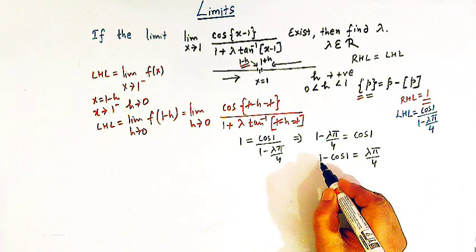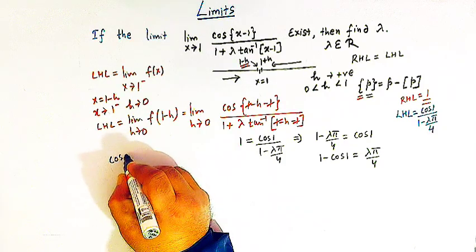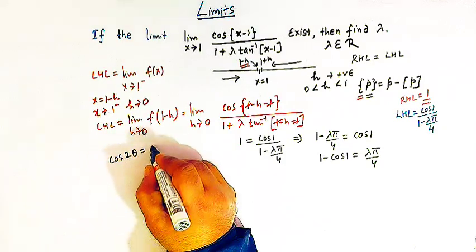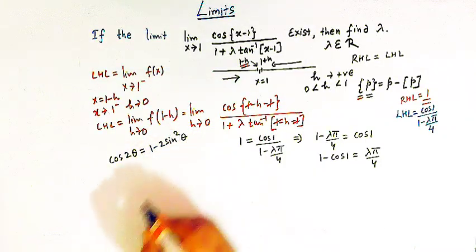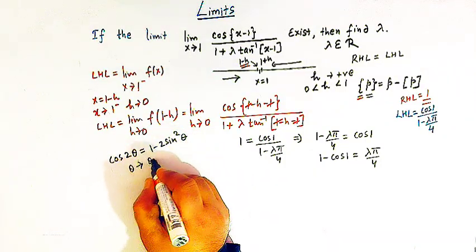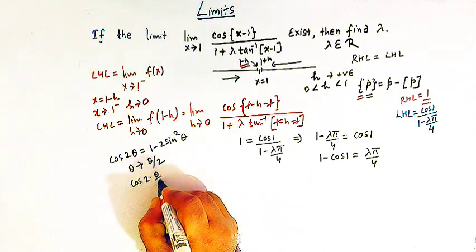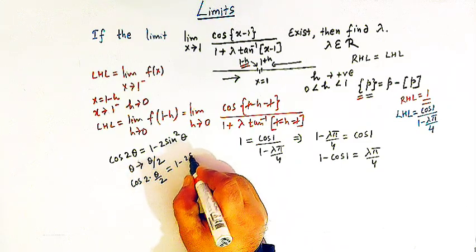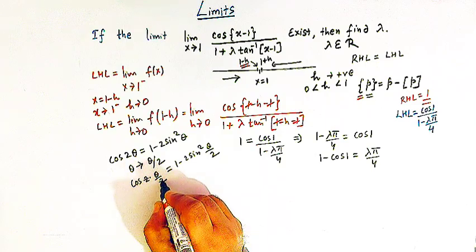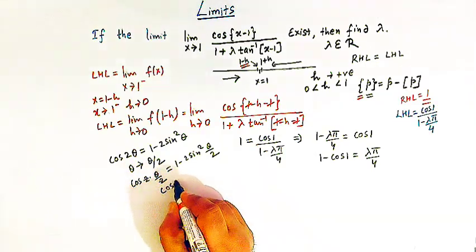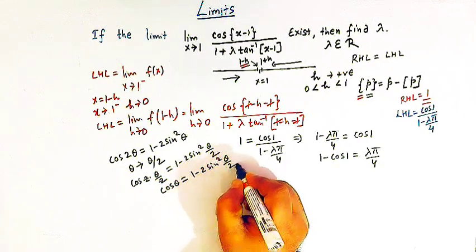And now making use of some trigonometry, see, cos of 2 theta can be written as 1 minus 2 sine square theta, right? Now replacing theta by theta over 2, we have here cos 2 times theta over 2, 1 minus 2 sine square theta over 2. So now this 2 and this 2 get cancelled. So we have cos theta is equal to 1 minus 2 sine square theta over 2.